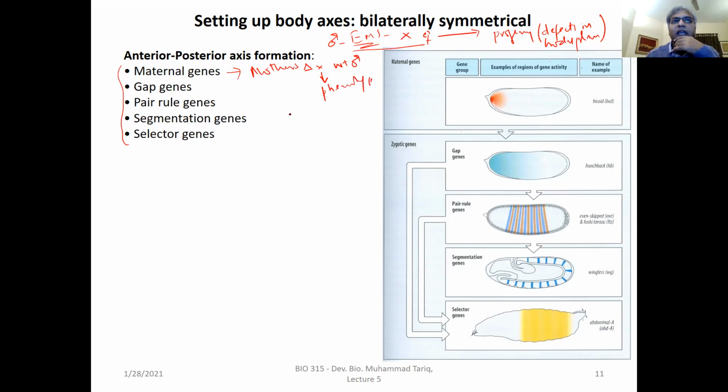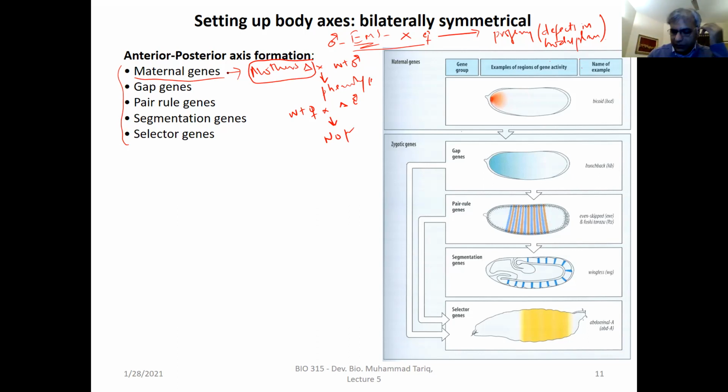But if we have a normal wild type mother and cross it with a mutant male, we don't see the phenotype. So it means when the mutation comes from the mother, we see the effect, and they call them maternal effect genes.